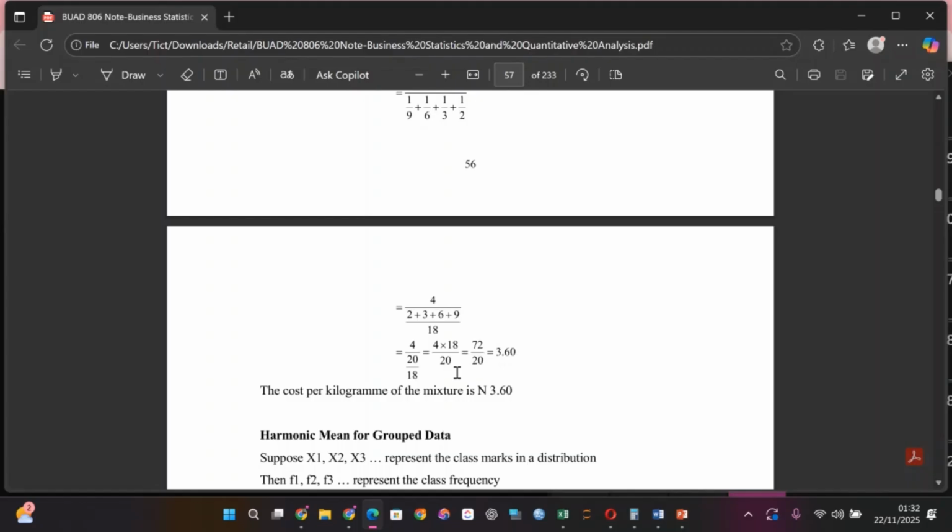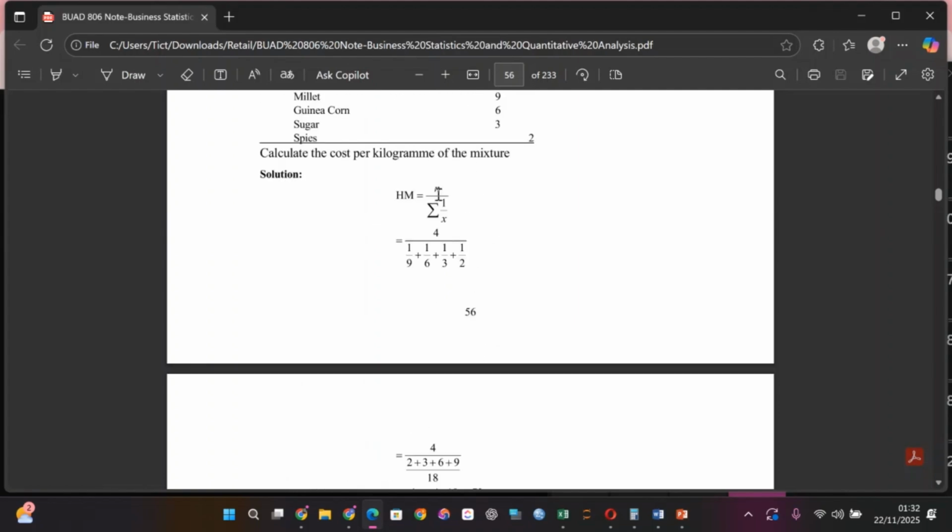Okay. I said, I don't understand from this. I understand 4 all over 1.9, all the 1 over x. Where I'm confused is from 4 over 2 plus 3 plus 6 plus 9 over 18. What's with the 18?